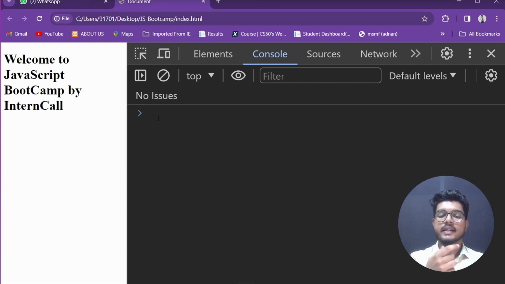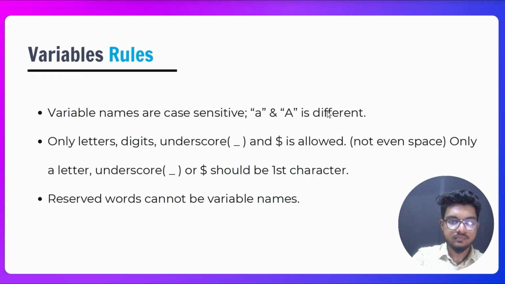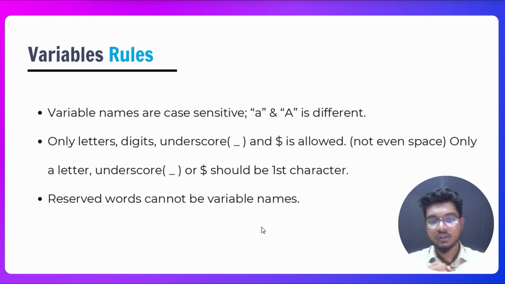Yeah, great. Next, one more thing which we have to focus on here is the last line: reserved words cannot be variable names. What are these reserved words? Every programming language has certain reserved words, which means that word contains some meaning in that programming language.